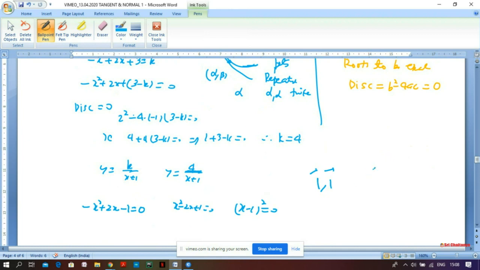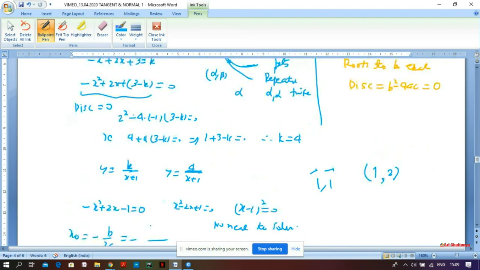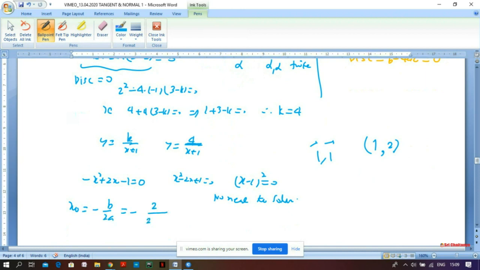So the point of tangency on the curve is x is 1, and because y was 3 minus x, y is 2. Or no need to solve this. Go back here, because you know the k value, and because you know that it is a point of tangency, it means that this discriminant is 0, and so the x value x naught should be negative of b over 2a, so that is negative of b, that your b happens to be 2, and 2 into a, a happens to be negative 1, and so we are done.